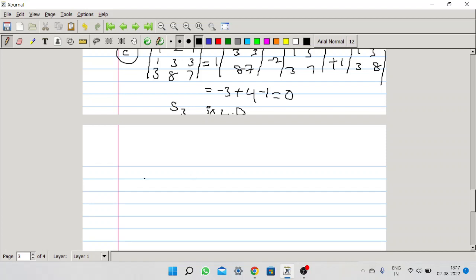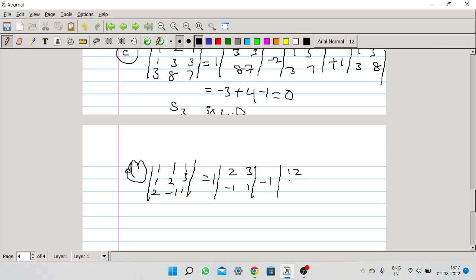Option 4 is, here I think many of the people are feeling difficulty. The matrix is nothing but 1 1 2, 1 2 minus 1, 1 3 1. 1 times (2 3, minus 1 1), minus 1 times (1 2, 2 minus 1), plus 1 times (1 2, 2 minus 1).